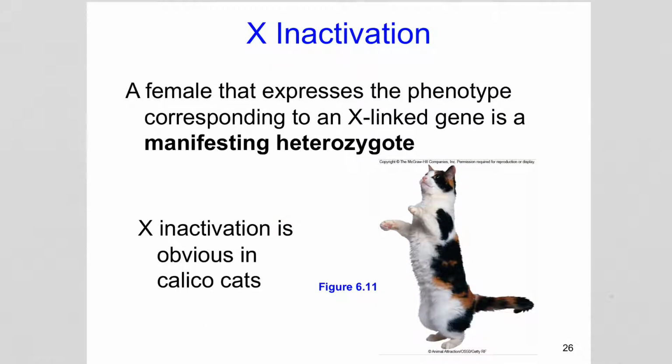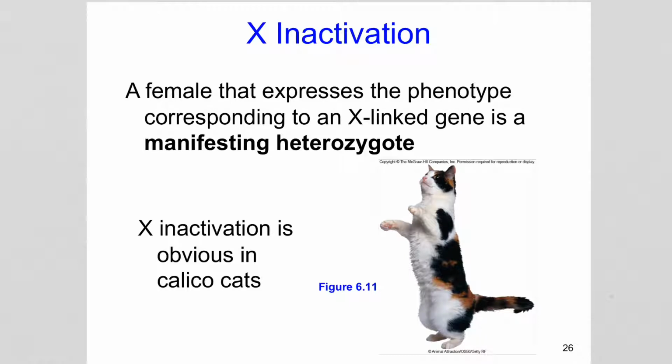So another way to refer to this mosaic nature of expression of X chromosomes is to refer to a female that expresses a certain phenotype that normally would be associated with a homozygous genotype as a manifesting heterozygote.